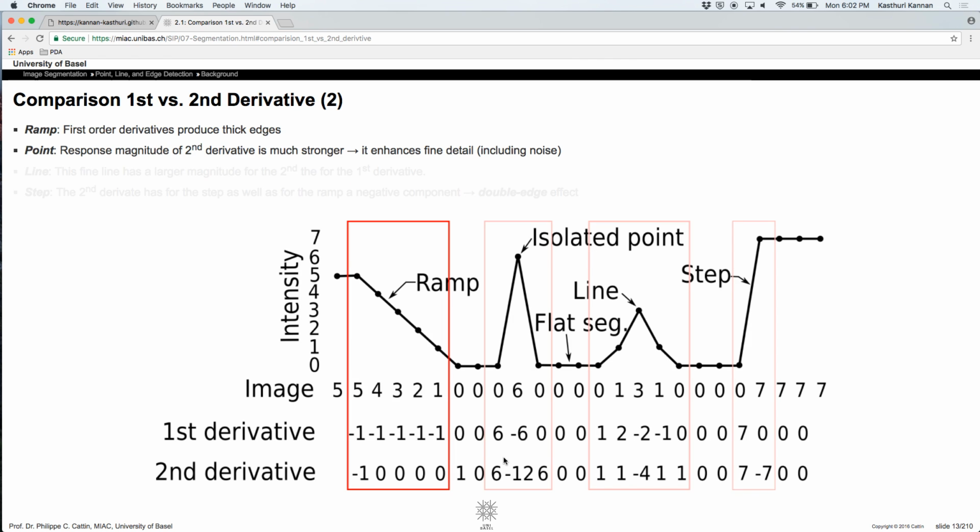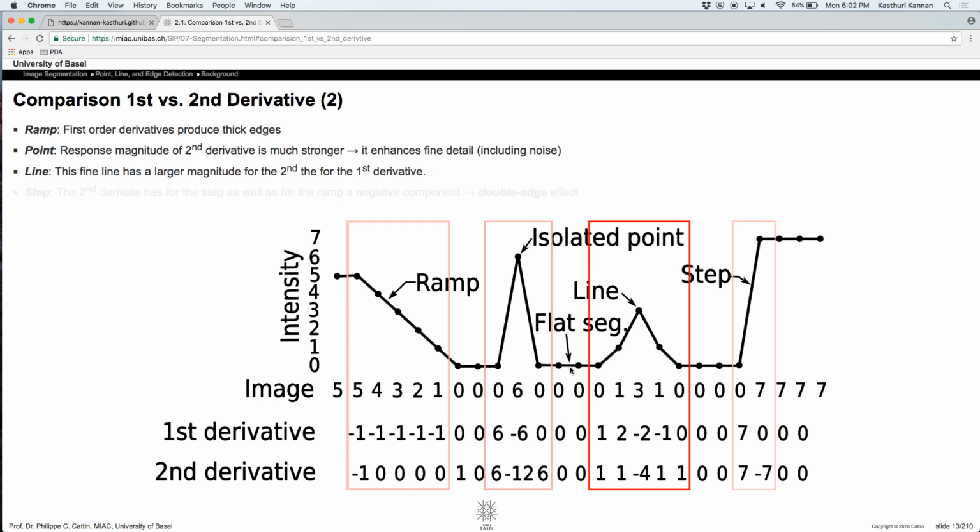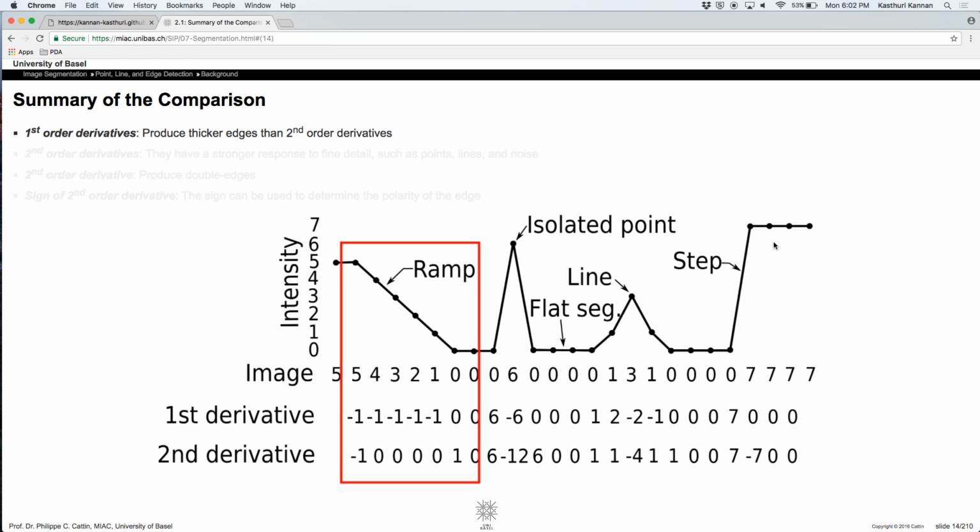The magnitude of the second derivative is much stronger, and the fine line actually has a larger magnitude for the second derivative than the first, minus 12, and that can identify the isolated point here. We also have the second derivative as a small step for the negative ramp, and we have the double edge effect here. We have the double edge.